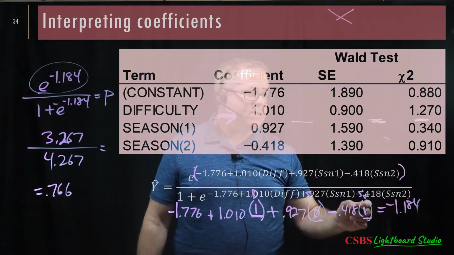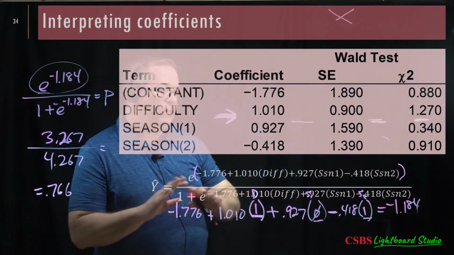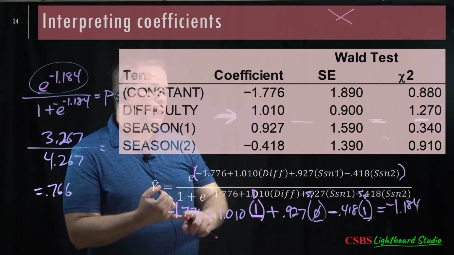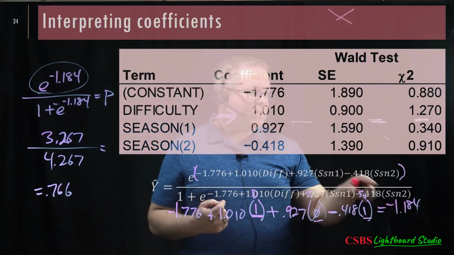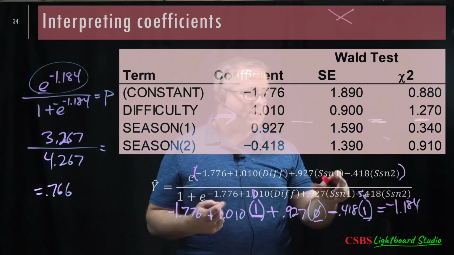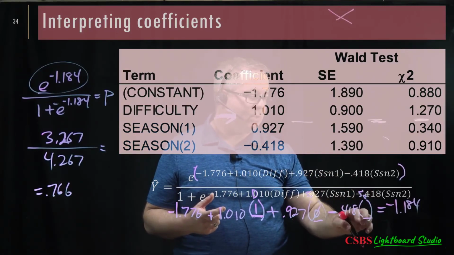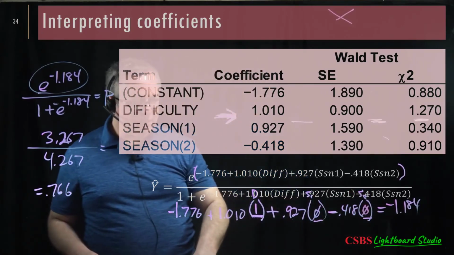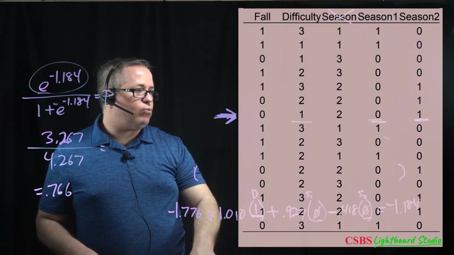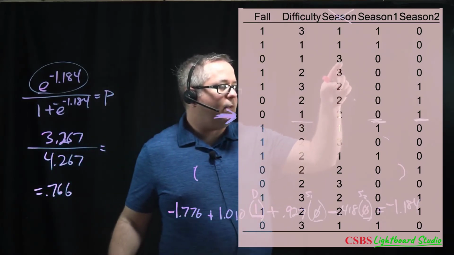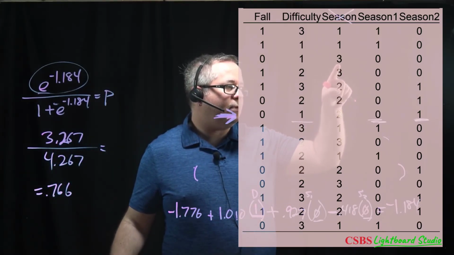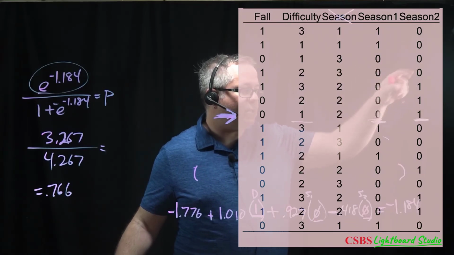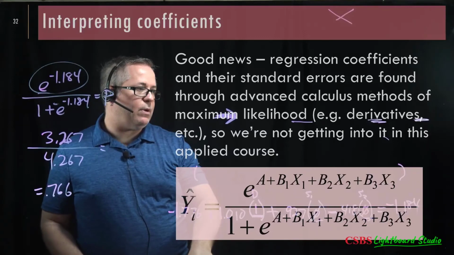We have to keep everything else the same, so difficulty still stays at 1. And for season 1 and season 2, someone who skis in spring should have a 0 for both of these. Spring was 3, so you should have a 0 for season 1 and a 0 for season 2.